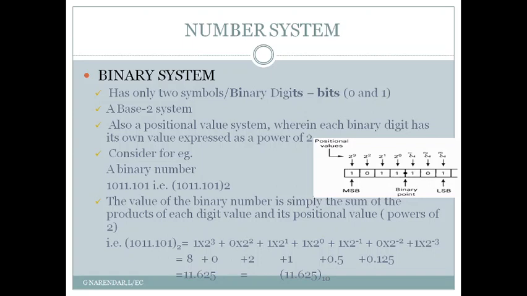So the positional values for a binary number system will be given as 2 power 0, 2 power 1, 2 power 2, 2 power 3 to the left of the binary point as we move away.